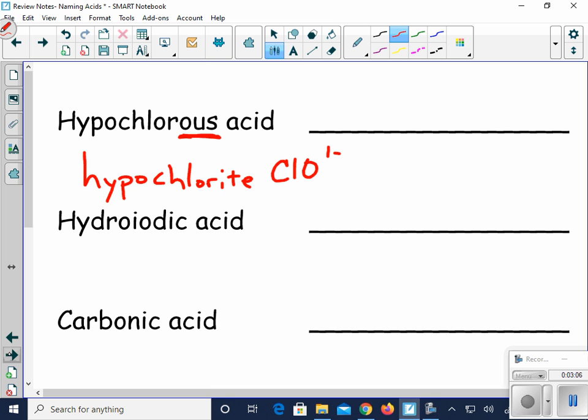Now, that minus right there is very important because it tells me how many hydrogens I need to go with that, okay? How many minuses? 1-. So that tells me I am going to need 1 hydrogen. So when I write out hypochlorous acid, it's HClO. Final answer.